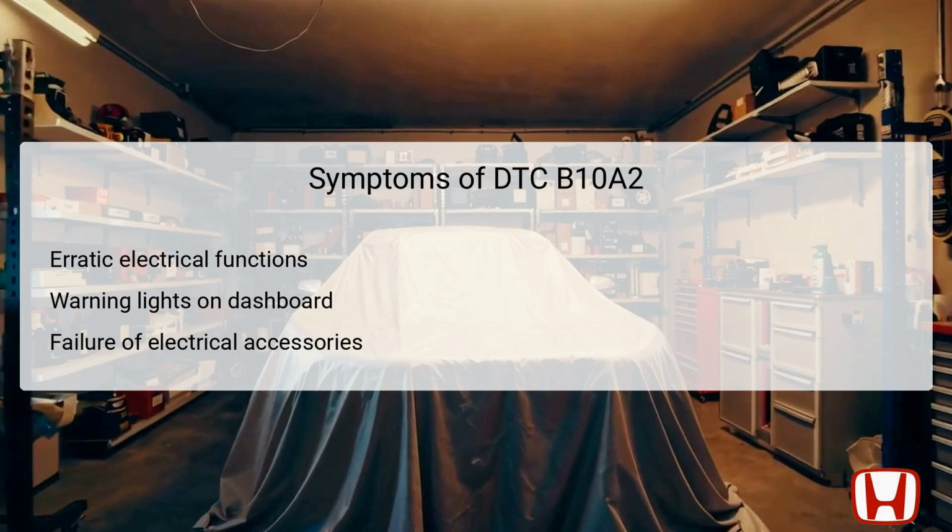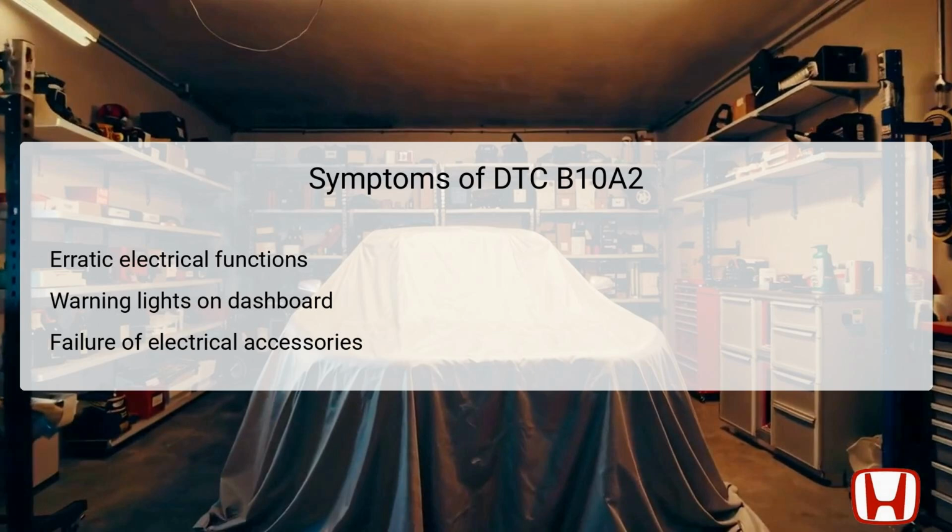Another prominent symptom includes failure of specific electrical accessories, which might operate inconsistently or not at all. These symptoms can be frustrating for drivers and may compromise vehicle safety and comfort. Recognizing these signs early can help in addressing any underlying issues with the driver's MICU before they result in more significant failures.